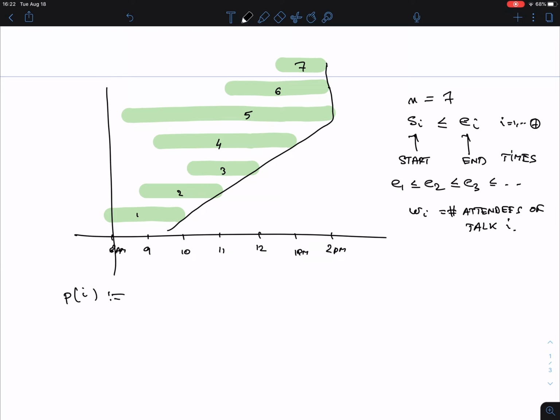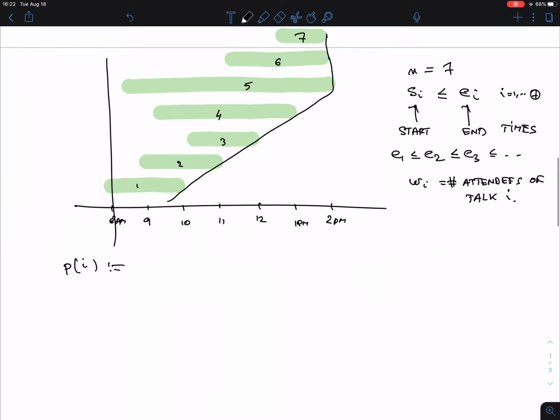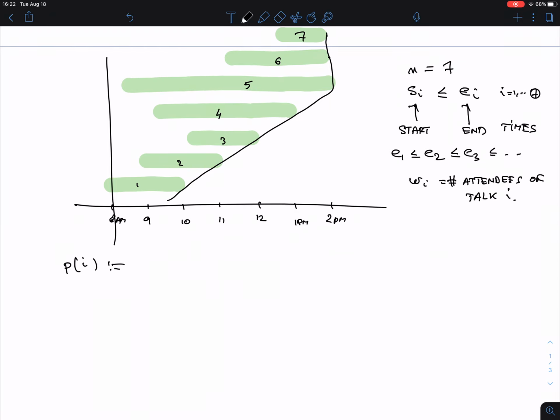So there's 1, 2, 3. The talk with the highest number. I shouldn't call it the last talk. Let me say, the latest talk that is compatible with talk I. Now, what does compatible mean? Well, compatible means exactly that they don't overlap.